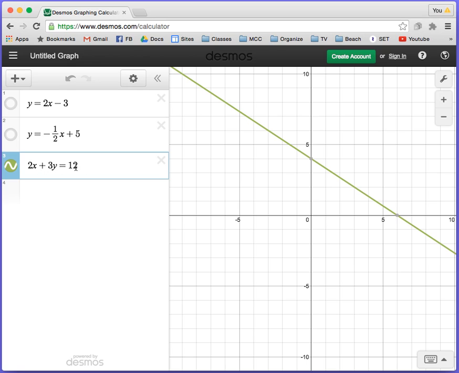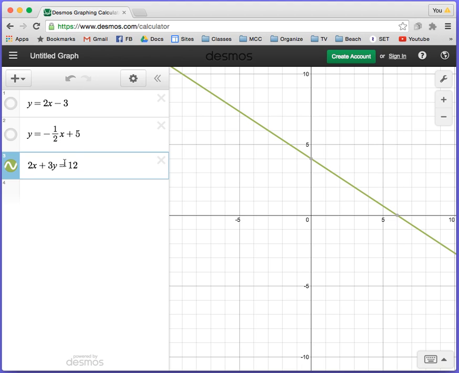I would probably graph this line using x and y intercepts. So in other words, if I put in 0 for x in this equation, 3y is 12, so y is 4. So I know the y-intercept is 4, which you could see. I have this line going through (0, 4). And if I wanted to get the x-intercept, I put in 0 for y, which means 2x is 12, so I would get this point, (6, 0). So now I have this line.